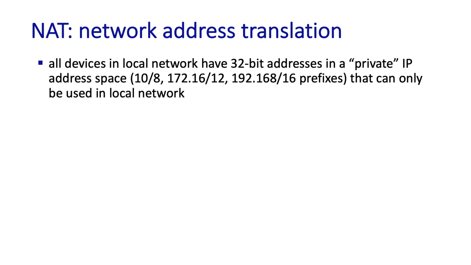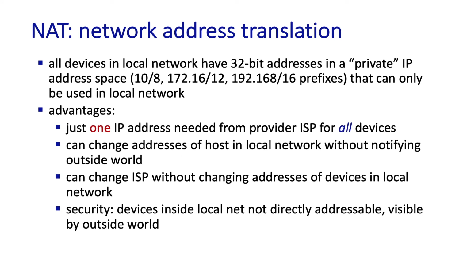So for NAT, all devices in the local network have a 32-bit address that comes from one of three what are called private IP address ranges that you see here. If you've looked at the IP address on your laptop, tablet, or computer, when you're attached to a home network, an institutional network, or a cellular network, you've maybe seen it has an address in one of these ranges. Take a look. And NAT has a number of advantages.